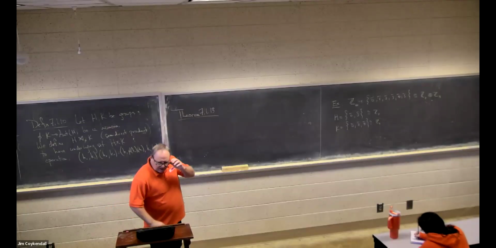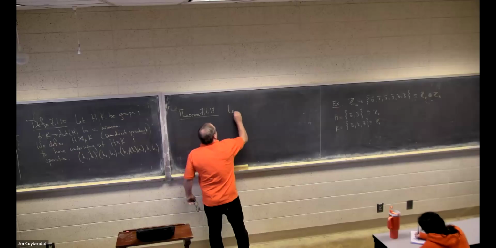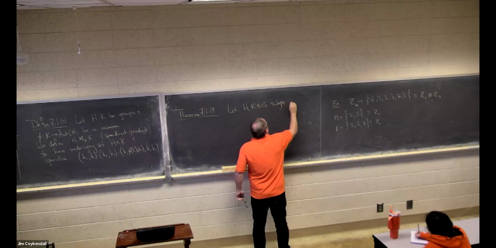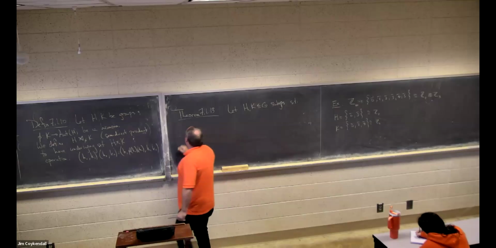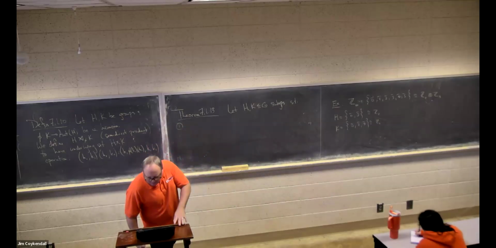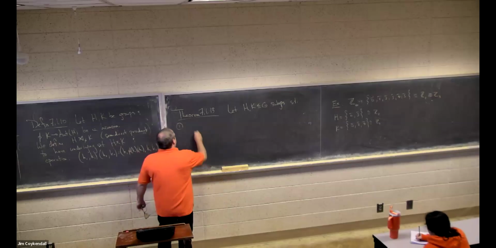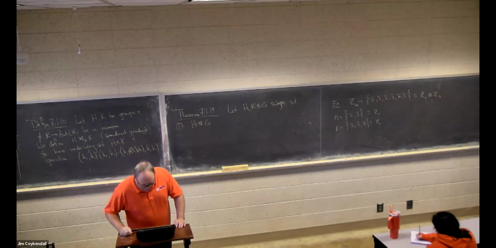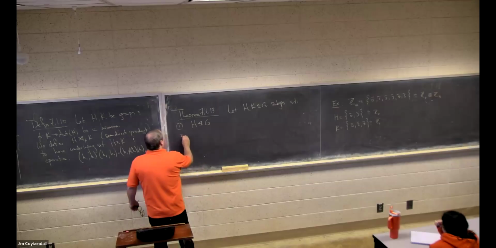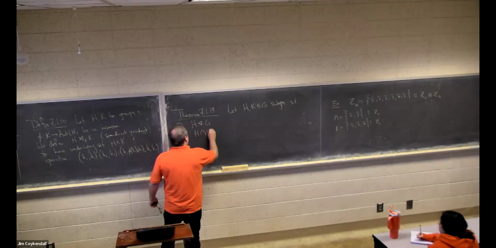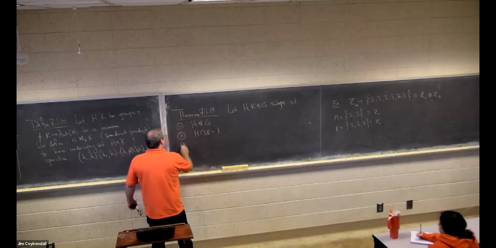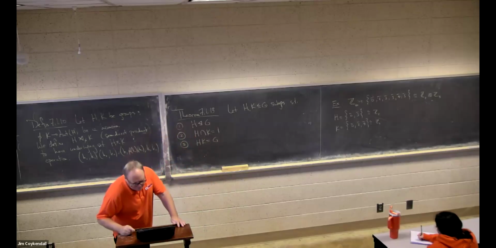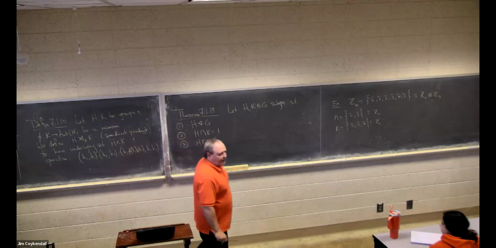Suppose that G is a group and H and K are subgroups such that, number one, H is normal in G. Two, let me discuss this first.